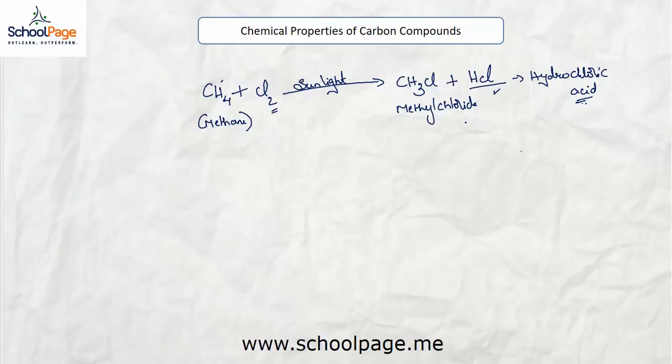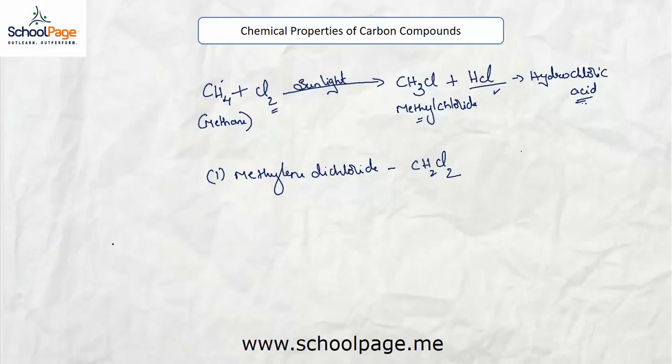What happens if I increase the percentage of chlorine? If I increase the percentage of chlorine, I get different products. For example, I get methylene dichloride, which has the molecular formula CH2Cl2 instead of methyl chloride.